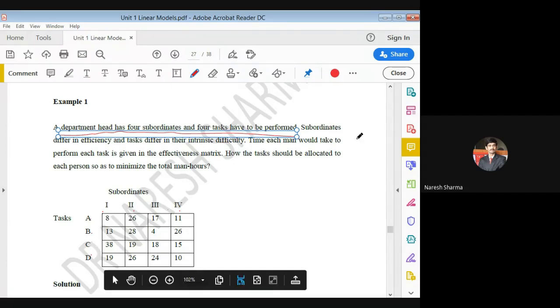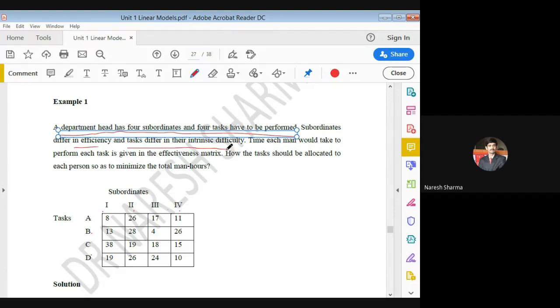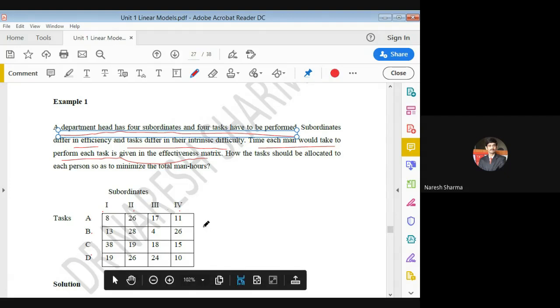Subordinates differ in efficiency and tasks differ in their intrinsic difficulty. Each man's time to perform each task is given in the effectiveness matrix.